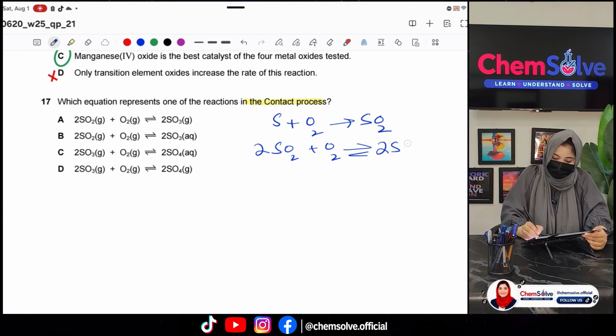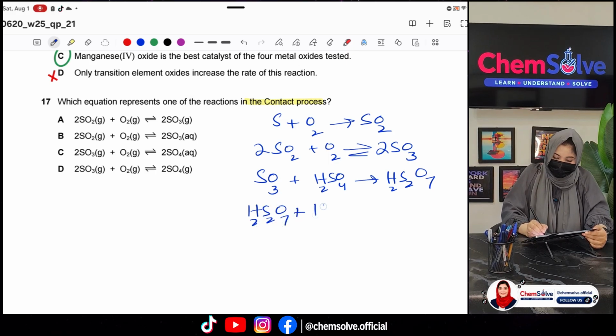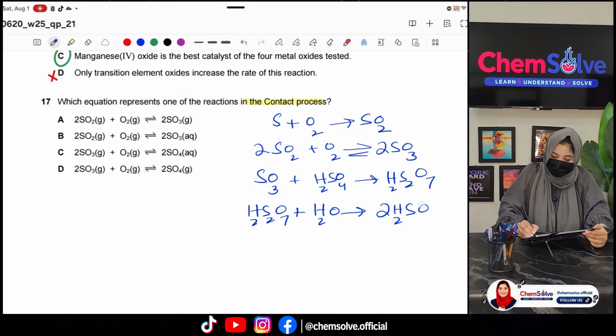Sorry, this is reversible. Then this SO3 is dissolved in sulfuric acid. It produces oleum, and this oleum is then diluted with water and it produces sulfuric acid.